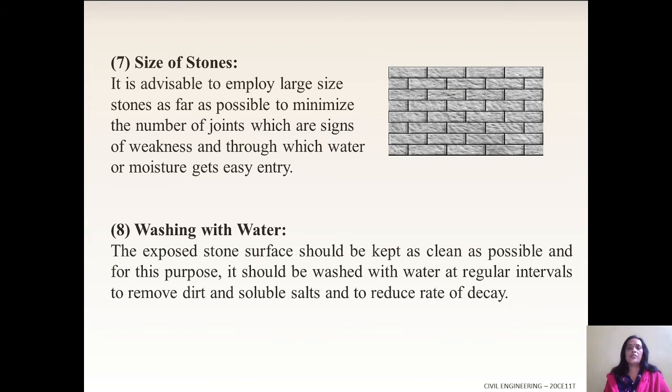If it is washed at regular intervals, the dirt and the soluble salts deposited due to the weathering agents can be reduced, and thereby you can reduce the rate of decay. These are some of the methods we adopt during construction as well as maintenance without using any artificial methods of preserving.